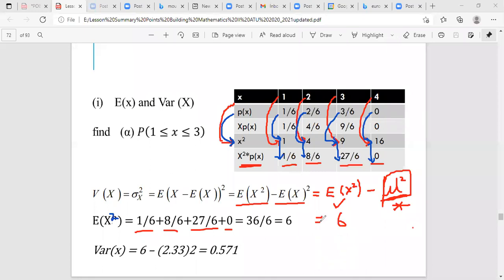And we earlier found the mean to be 2.33, and we have to square it. So this will be 6 minus 2.33 squared. Look at it carefully before you come in to ask your questions.